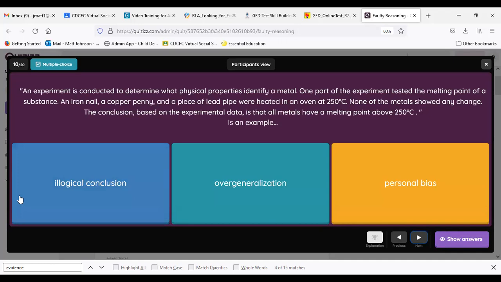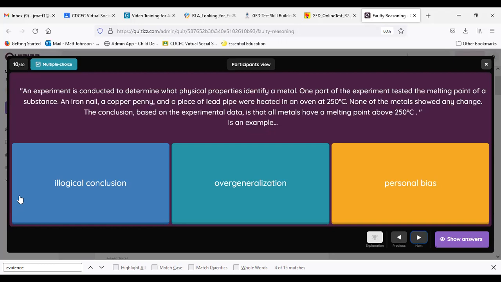Okay. An experiment is conducted to determine what physical properties identify a metal. One part of the experiment tested the melting point of a substance. An iron nail, a copper penny, and a piece of lead pipe were heated in an oven at 250 degrees Celsius.